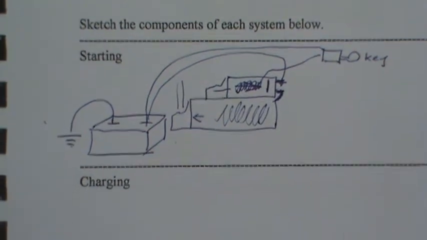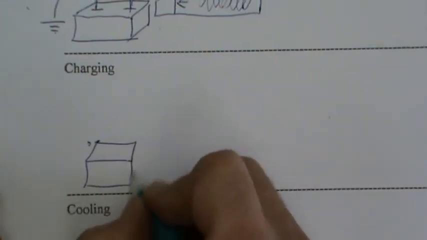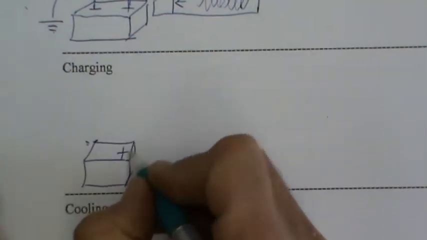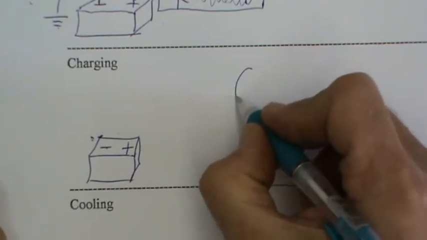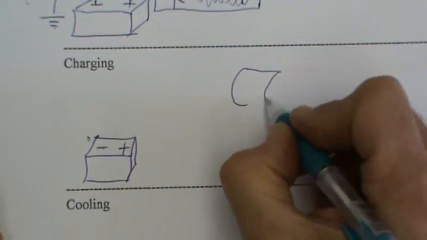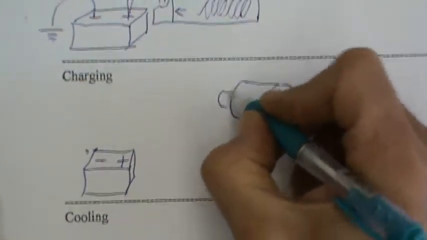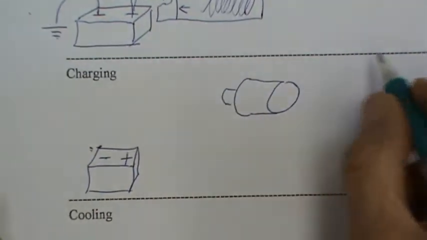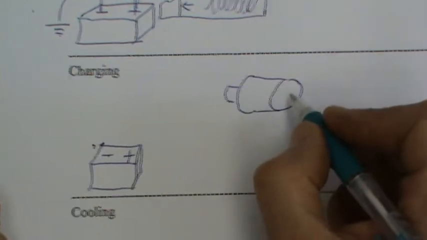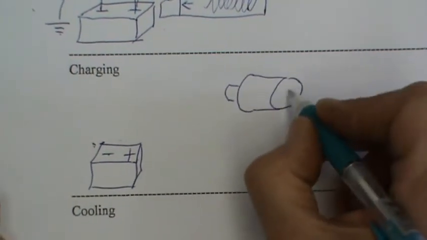Next one is charging. So here again we need a battery, positive, negative. We need an alternator which is connected to the fan belt. So somehow the alternator is driven. And then we need to do 2 things to the power that comes out of our alternator.